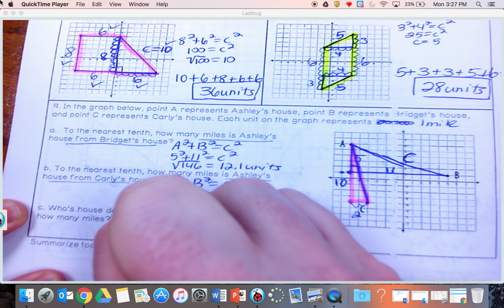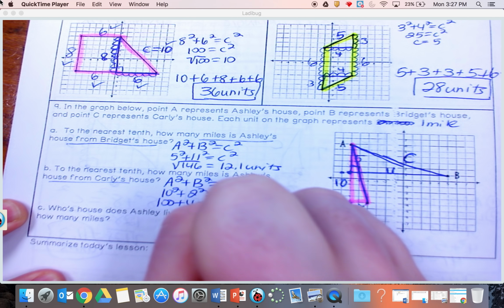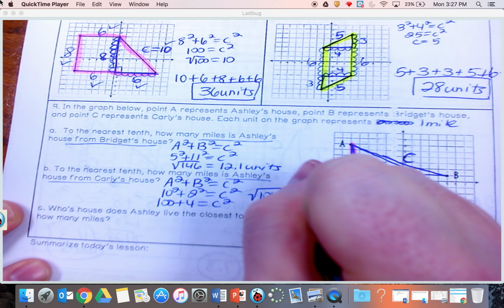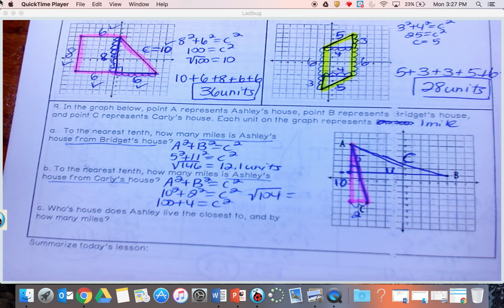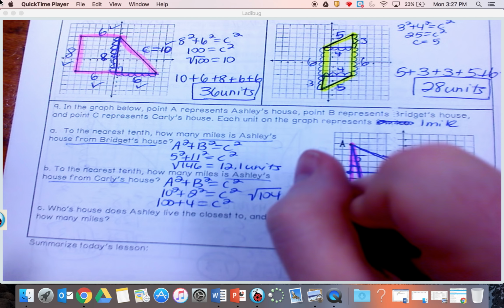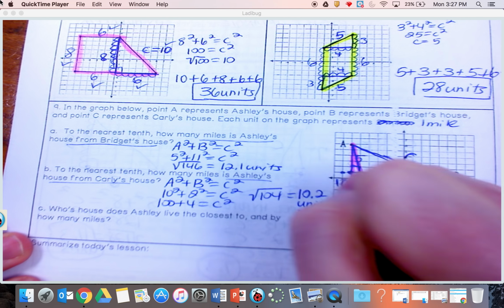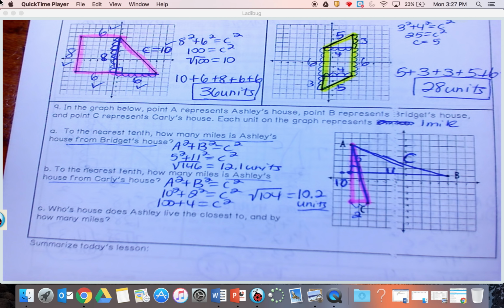And I get 100 plus 4. So it gives me the square root of 104, which is 10.19, which turns into 10.2 units. That's the distance.